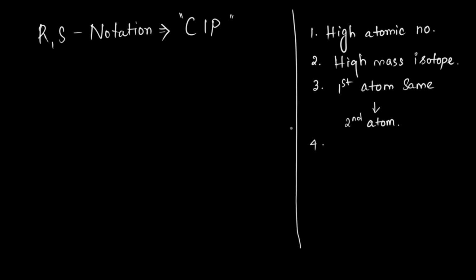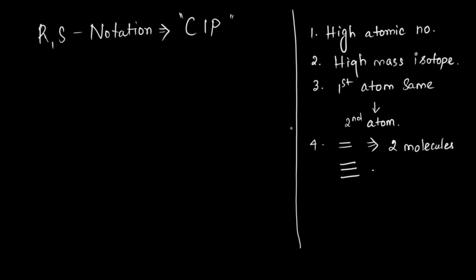Fourth rule: groups containing double and triple bonds are assigned seniority, as both atoms are duplicated or triplicated. If I have a double bond CH2, then I should consider that as having two CH2 over there.